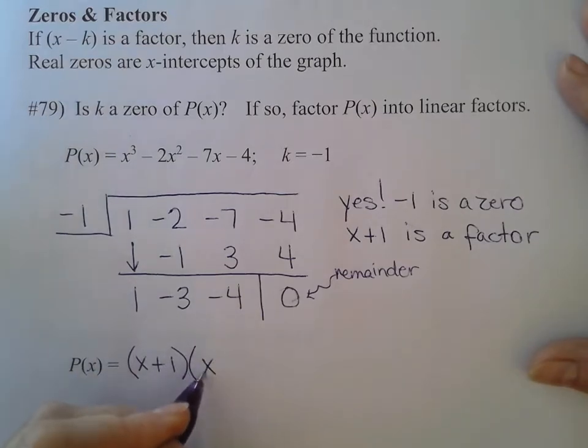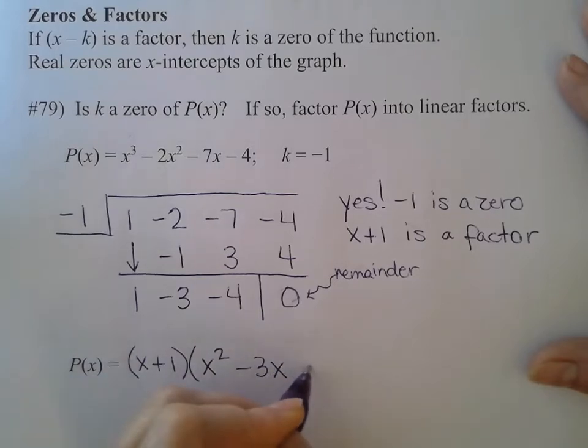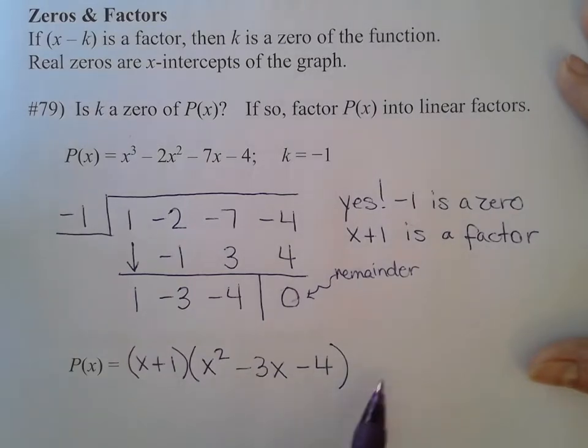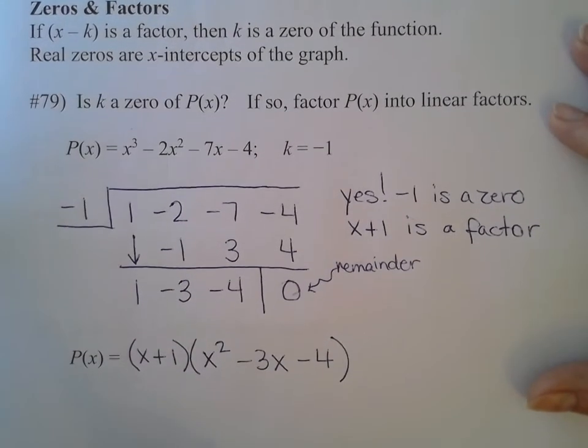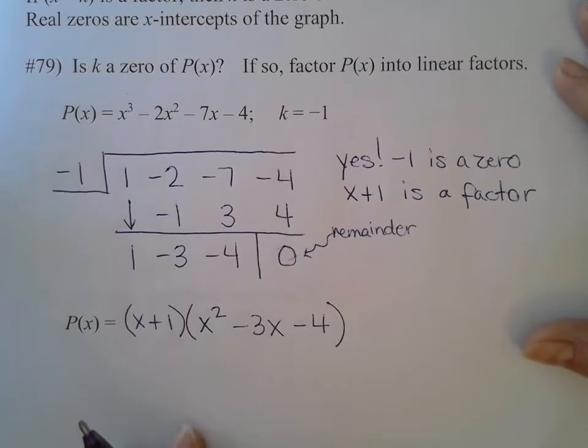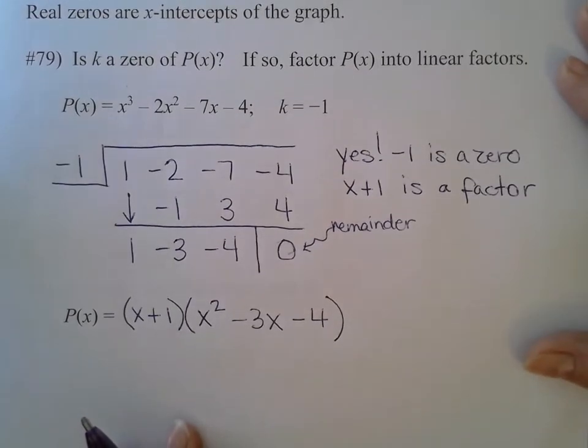So this starts with x squared minus 3x minus 4. Remember, I didn't have a remainder, so I don't have to add anything there. And now it is a 0, and so it's asking us to factor this into linear factors. This factor is linear because it has x to the first. This factor is not, so we would like to continue factoring all the way.